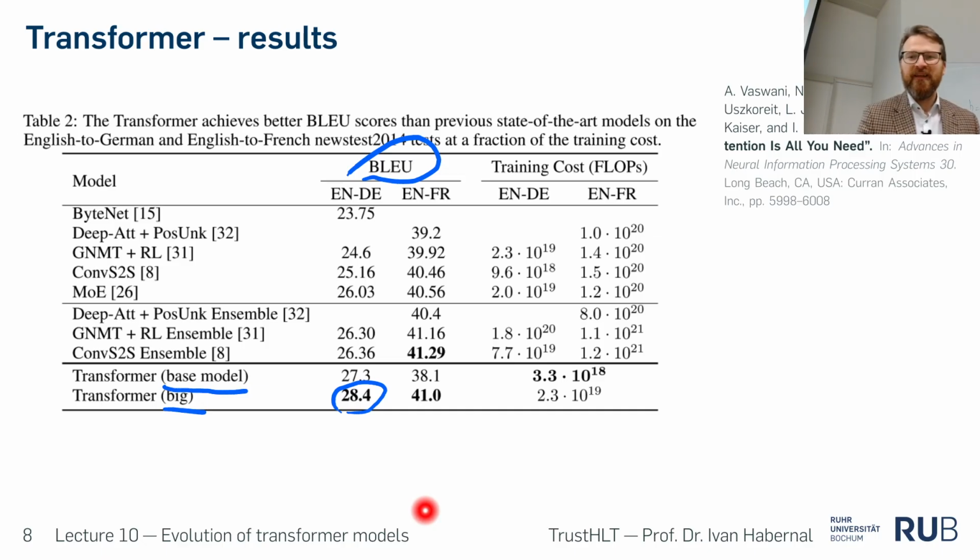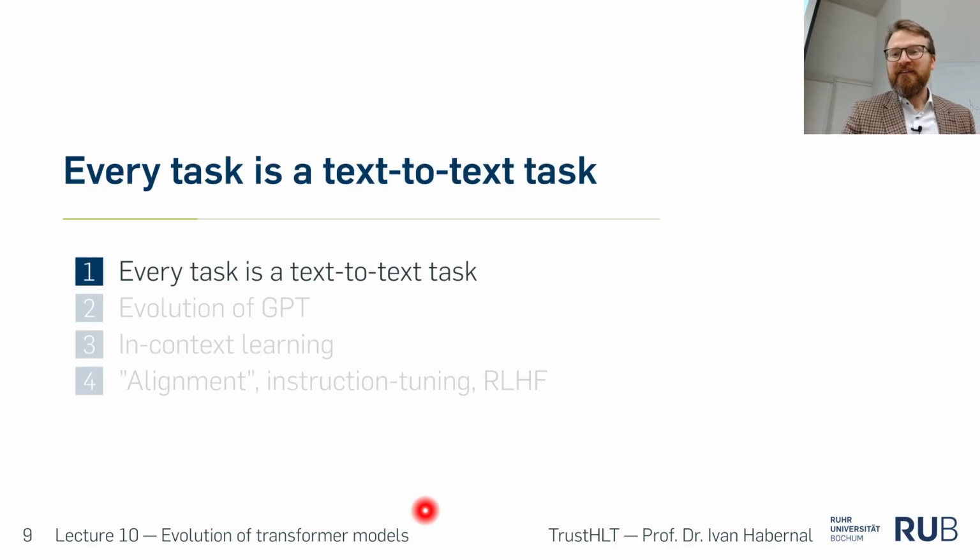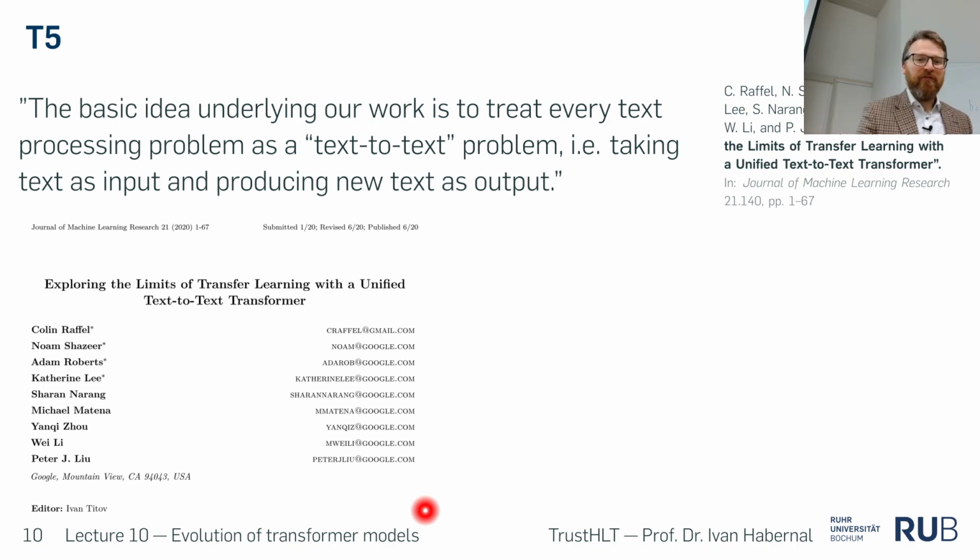Good. So here's one thing that seemed very innovative, or a little radical, back in the day. Basically, that you can take every task in NLP, be it classification, regression, text generation, whatever, and turn everything into text-to-text.